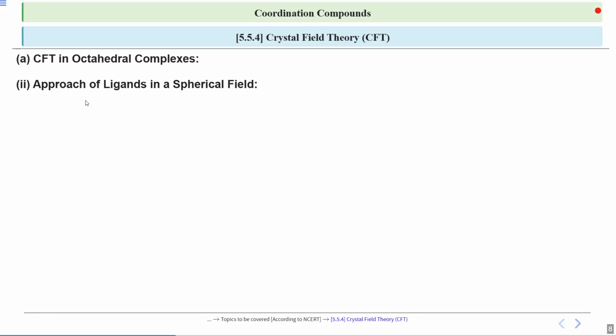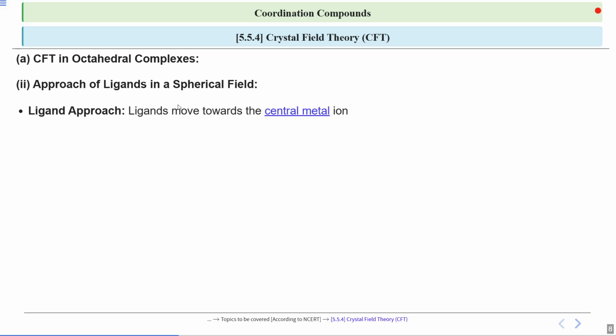The second thing is the approach of ligands in a spherical field. When this degeneracy takes place in the 5d orbitals, the second step is the approach of the ligands in a spherical field. When the spherical field is built around the central metal ion, the ligands approach in that spherical field.